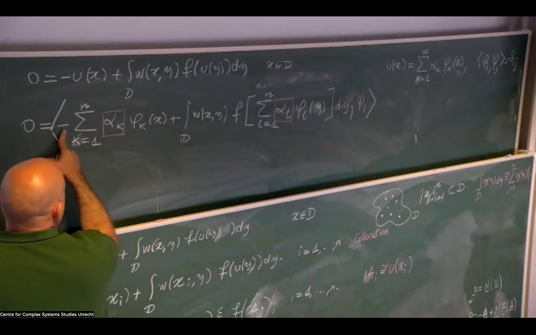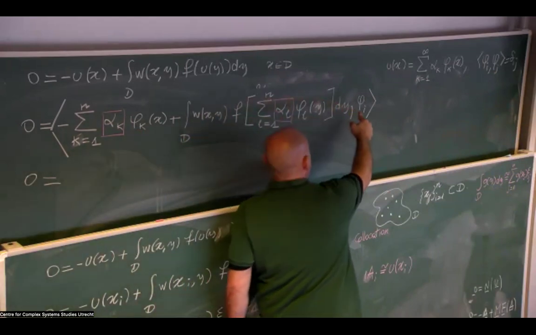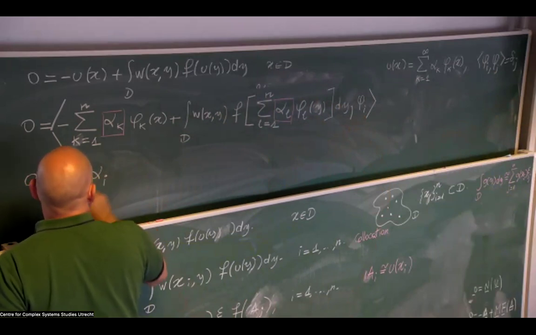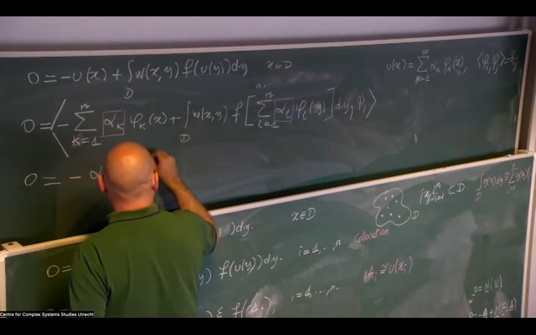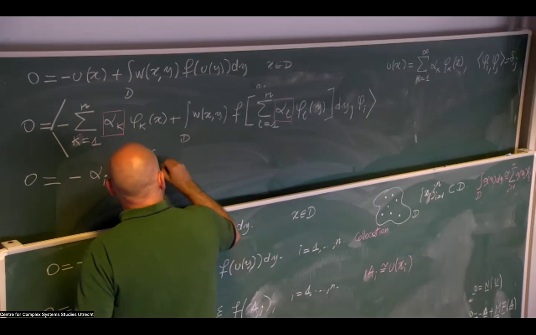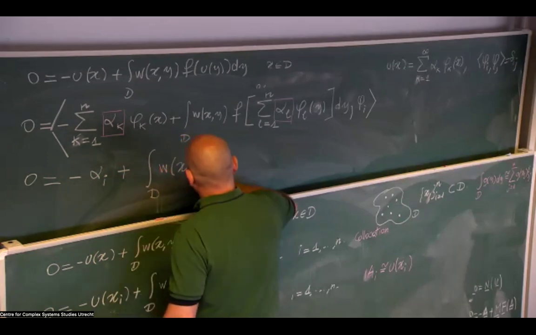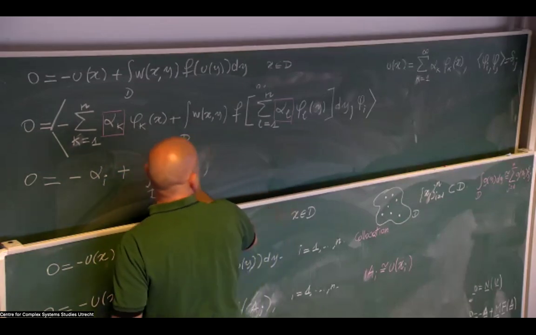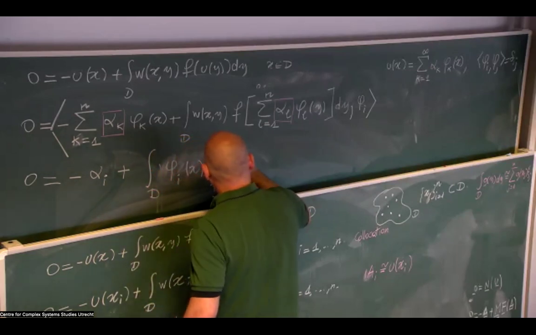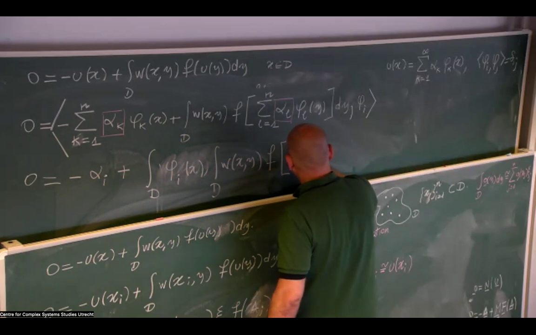So now I would have to take the inner product of this sum, and the inner product will feature the inner product of phi k against phi i, and that one will give me minus alpha i. And then in here, I'm left with an inner product, which is another integral over D of W(x,y). No. Inner product, I would have phi i of x times the integral over D of W(x,y) and of the sum over L.